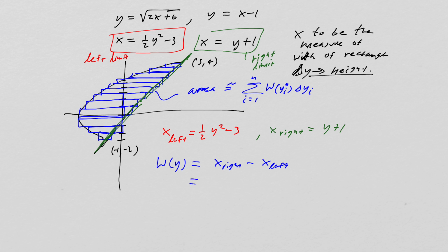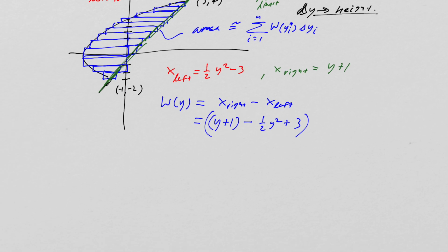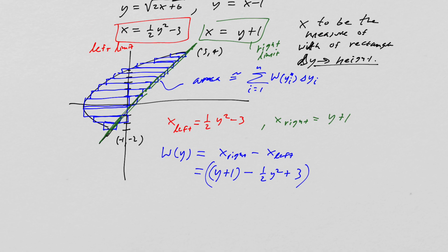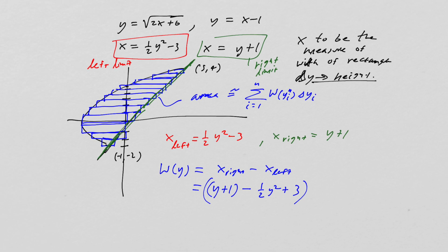Well, that's just going to be y plus 1 minus 1/2 y squared plus 3. So that's my width function. And of course, instead of integrating left to right, I'm now integrating from bottom to top. I'm integrating this way, and I start at -2 and go up to +4.